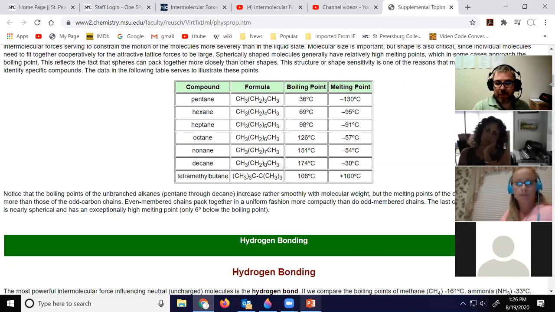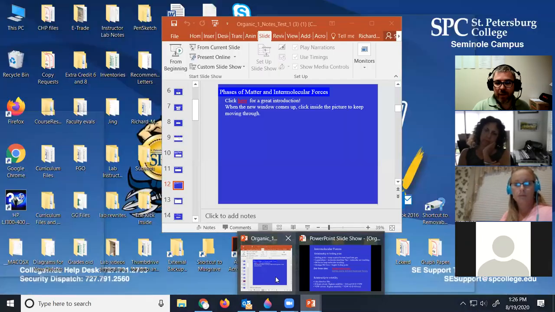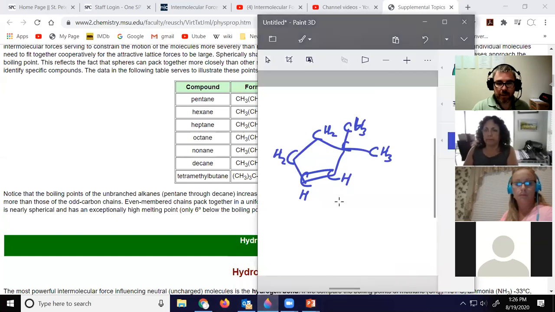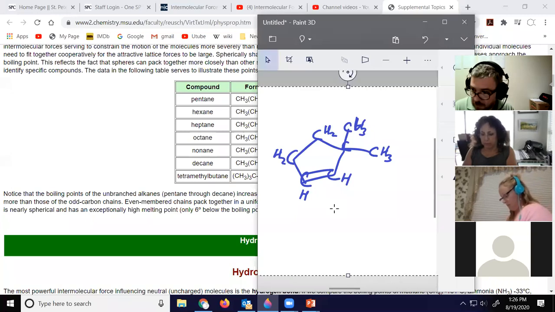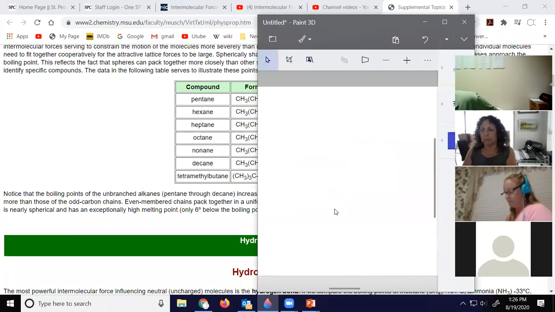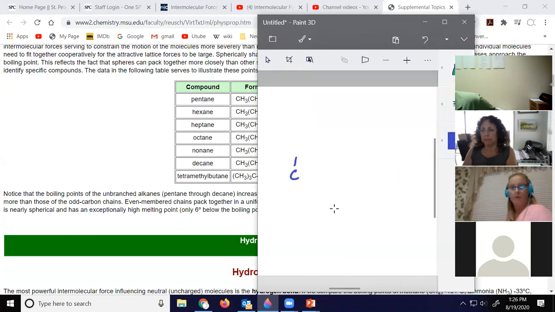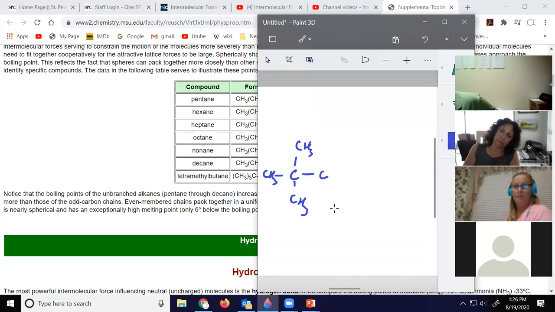Now, tetramethylbutane, I'm going to draw a picture of that one differently. All right, tetramethylbutane, that looks like this. That is branched, right?